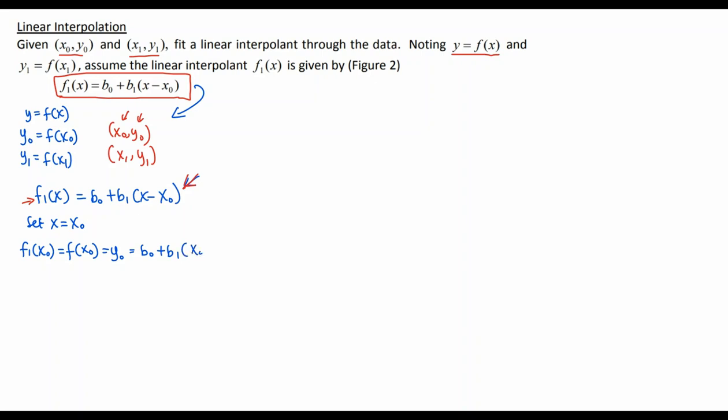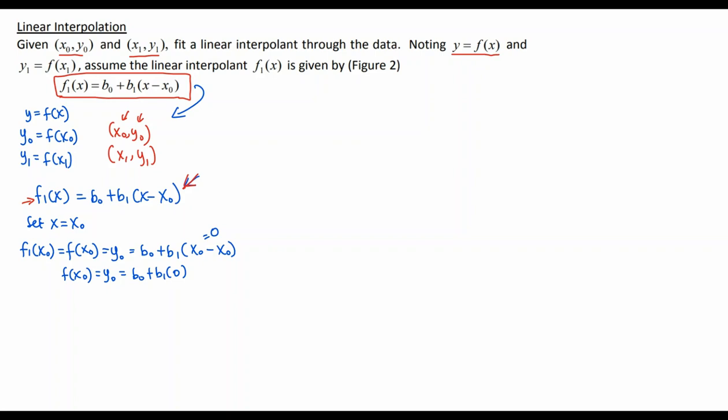So we're going to have x naught minus x naught. This is what we have. So when we do this, we have f of x naught, which is the same as y naught, equal to b naught plus b1 multiplying 0, because this will become 0.